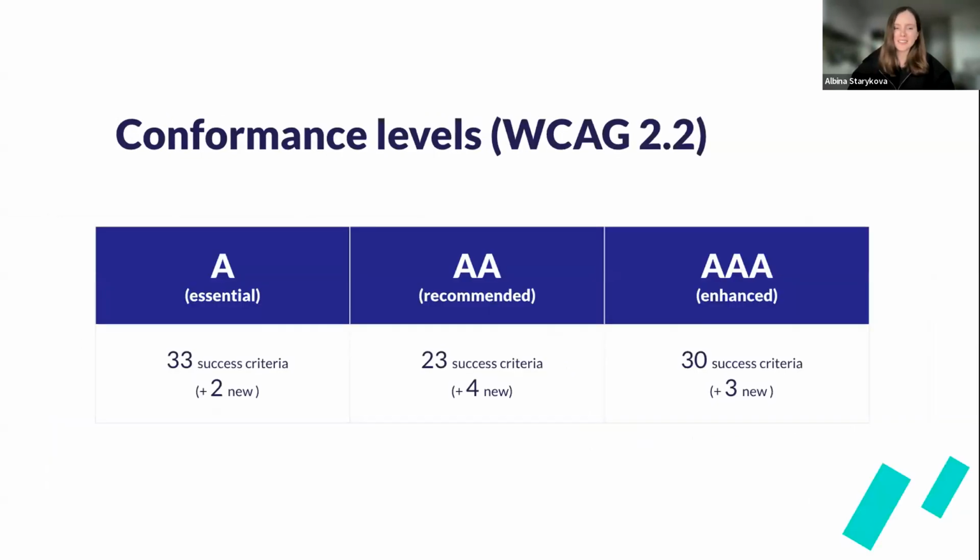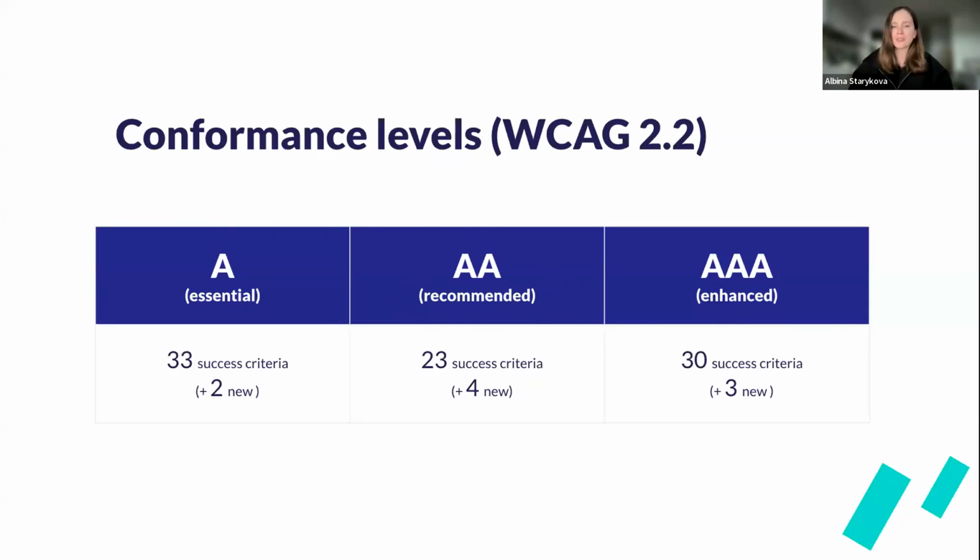Another thing that is important to understand about WCAG is conformance levels. There are 3 of them: the essential, recommended, and enhanced. Level AA is usually considered a baseline, aligning, for example, with Section 508 regulations. It's also important that conformance at higher levels indicates conformance at lower levels.